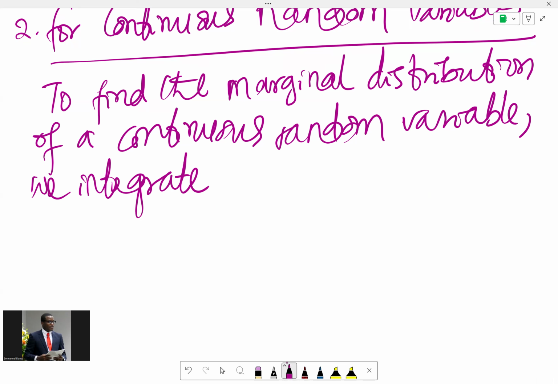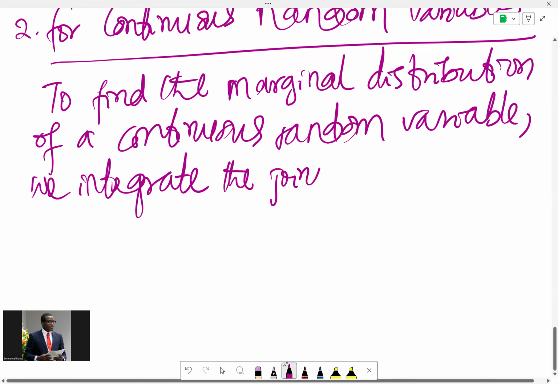So we integrate the joint probability density function over the other variables.